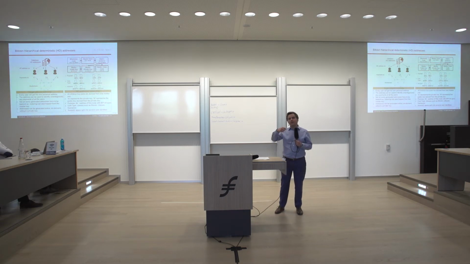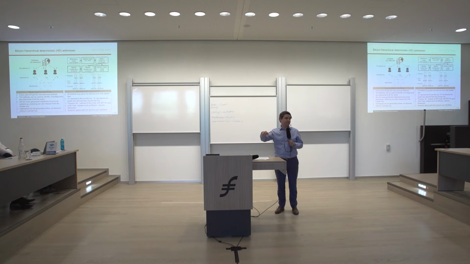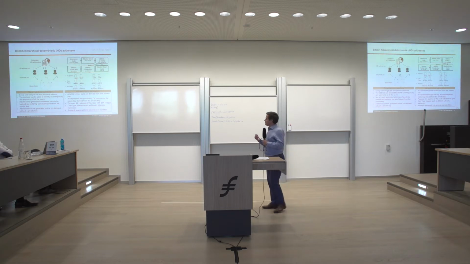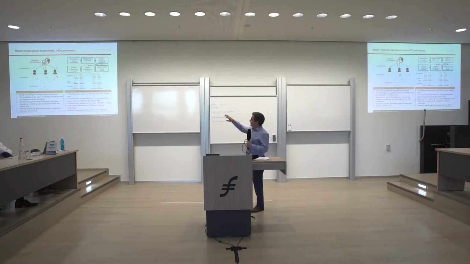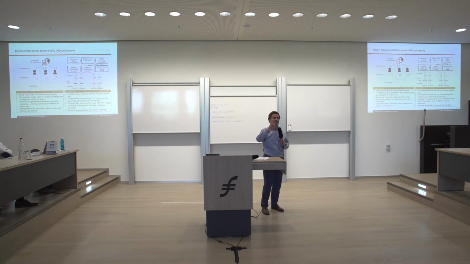You start off with writing down a few English words, 24 words maybe. This is your source of randomness that later on generates a so-called master private key. And then you can build a tree-like structure of addresses and private keys. And this tree you will use to assign to certain investors.